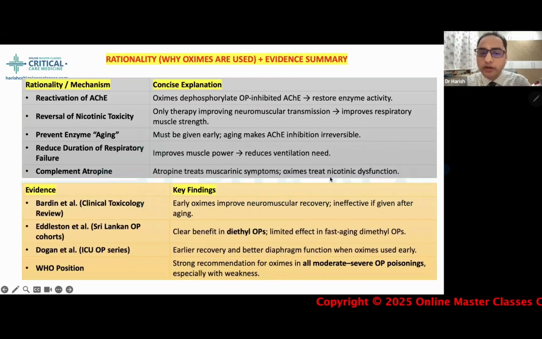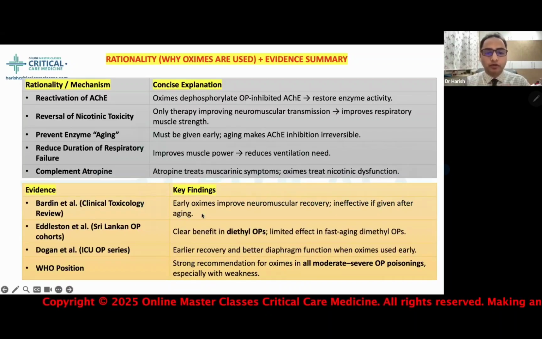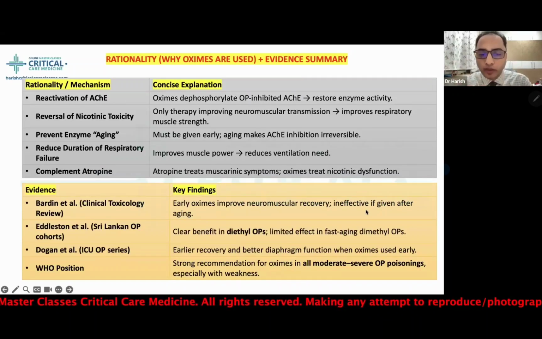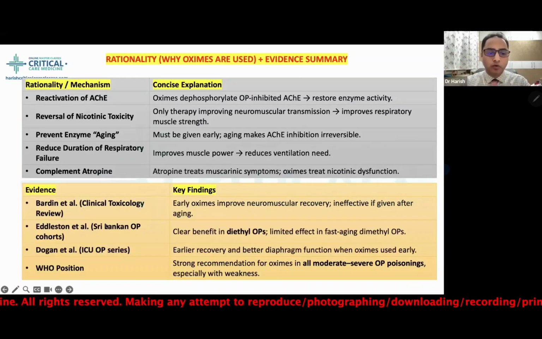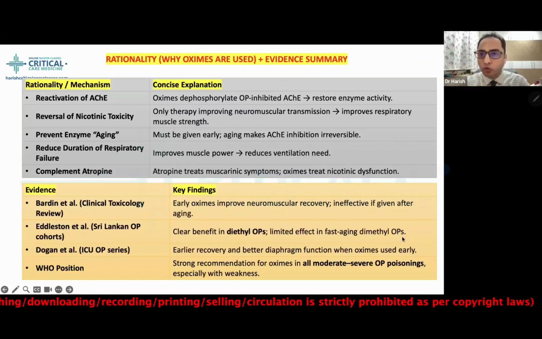If you see the evidence backup, one clinical toxicology review found early oximes improve neuromuscular recovery, and are ineffective if given after aging of the enzyme. One Sri Lankan OP cohort study showed clear benefit in diethyl organophosphate poisoning, with limited effect in fast-aging, that is dimethyl, OPs.